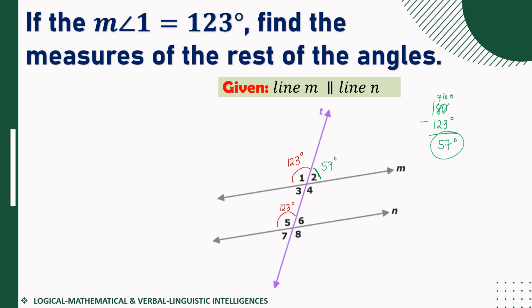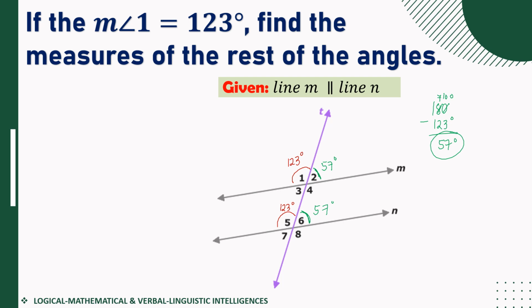And we all know that angle 2 and angle 6 are corresponding angles, so that means this is also 57 degrees. Alright? So next, we can apply in here the idea of vertical angles as well, because that's the most common concept that we can apply in geometry, especially in angle measures.